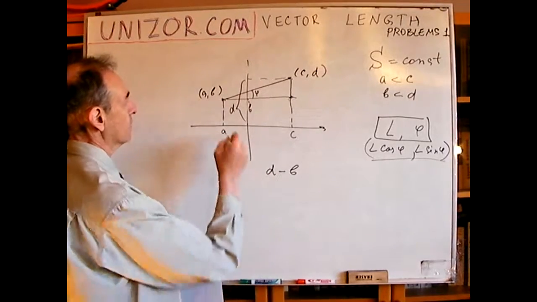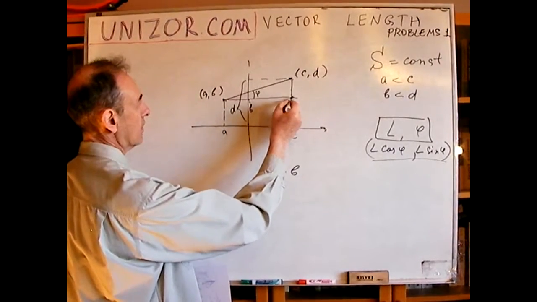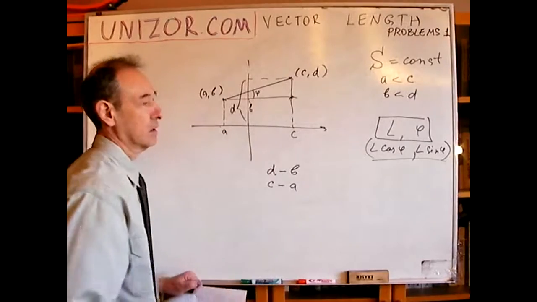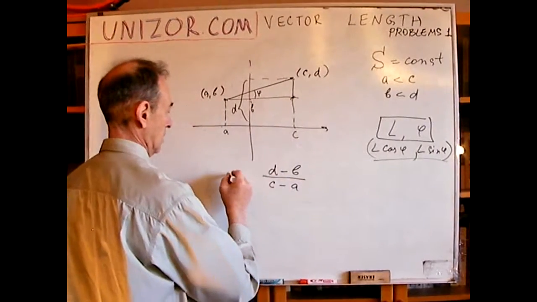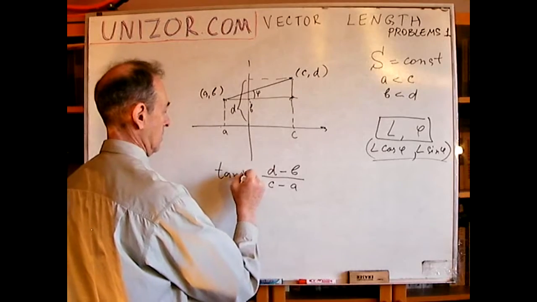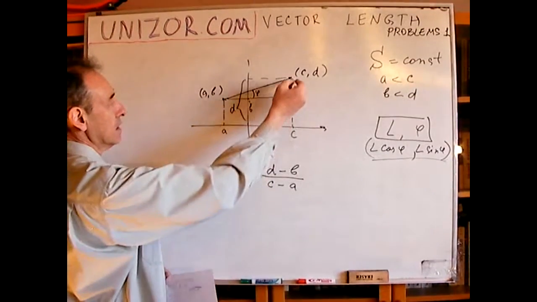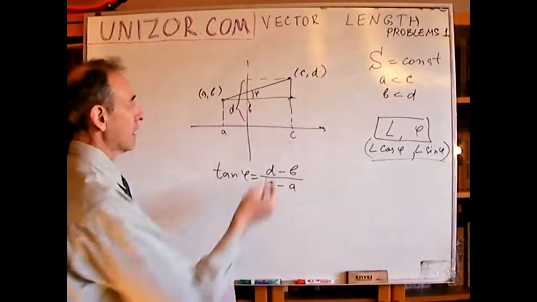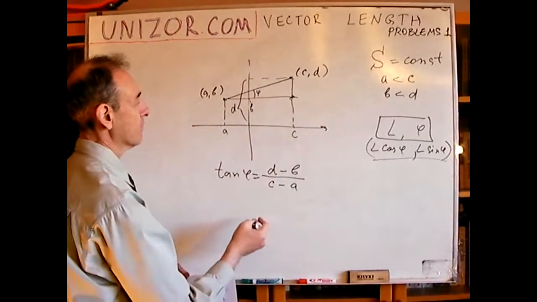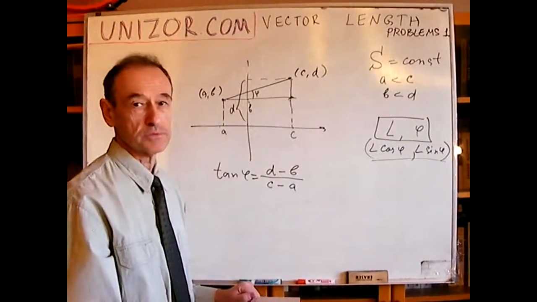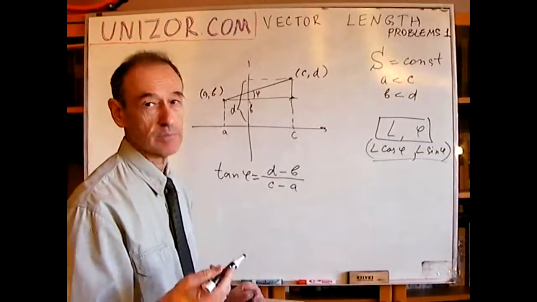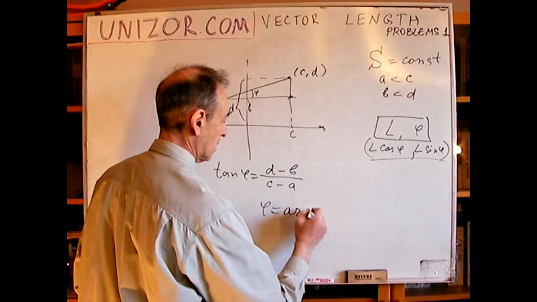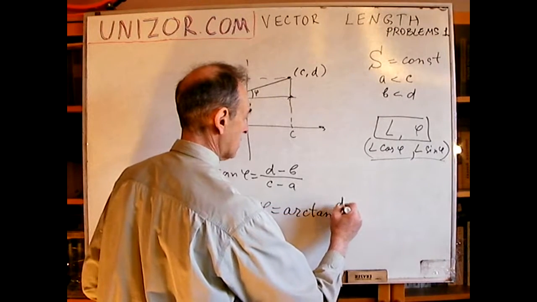It's easier for me this way. Now, this cathetus of this right triangle is obviously C minus A. Now, the tangent of this angle is the ratio of the opposite cathetus to the adjacent one, right? The opposite is D minus B, adjacent is this. Now, considering these are all positive, and as I was saying, I'm looking for this particular case, I can resolve this as this.